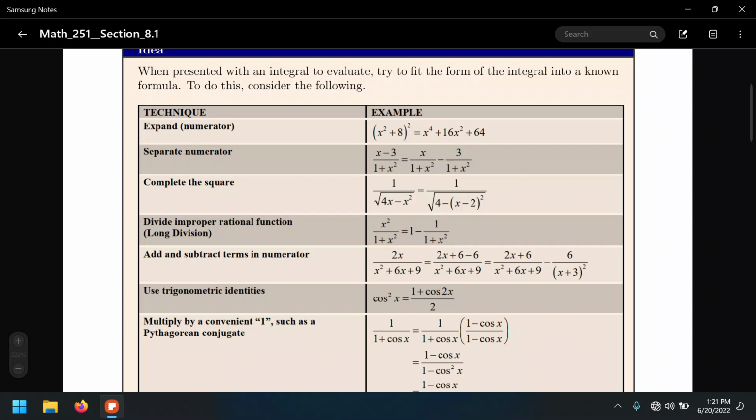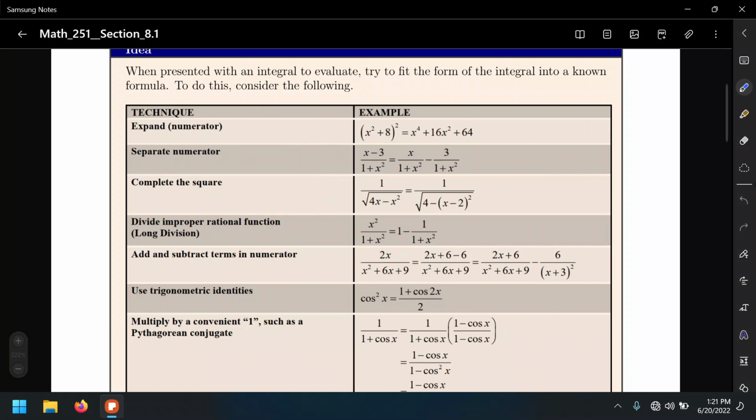The other technique is to split the numerator, because in this case we have a rational expression with a sum or difference in the numerator. That's because of the property (A plus or minus B) over C is the same as A over C plus or minus B over C. We can always split the numerator into two different fractions.